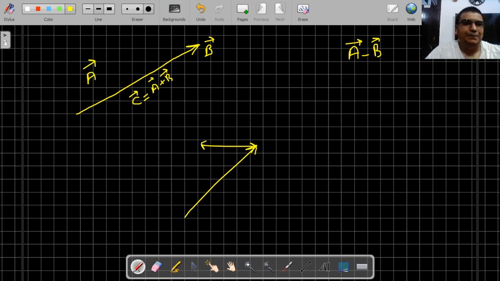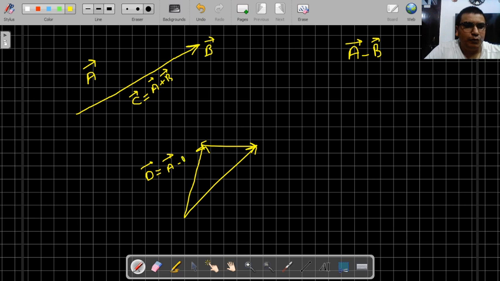As you can see, the previous vector B and the new vector B, it is the reciprocal of the positive B vector. Now by joining these two lines, we get our vector D, which equals A minus B.